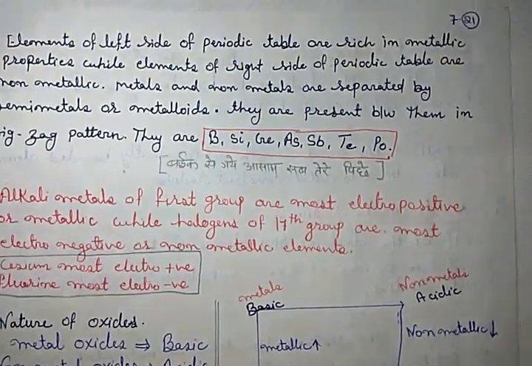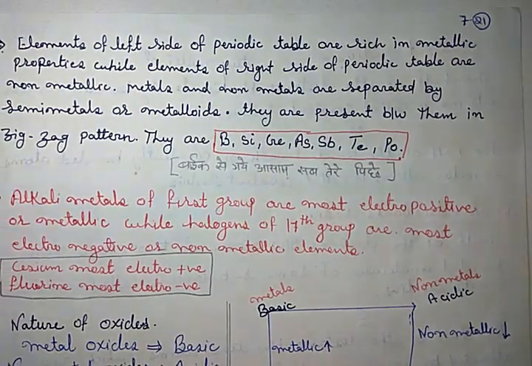Now, some facts about electronegativity. The question that should come to our mind is why the semi-metals or metalloids are present in a zigzag pattern.